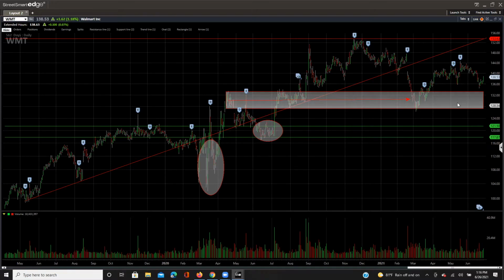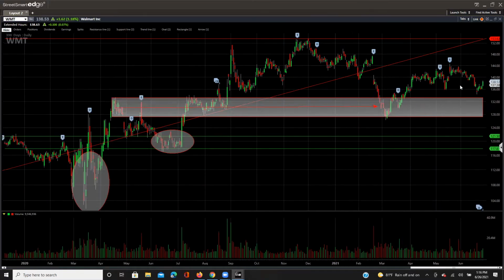Now, if you missed these areas for a trade and you are looking to trade Walmart in the future, remember, we are looking at a daily time frame and we will work our way lower. We're going to go to lower time frames as we look at this chart because if we're looking to trade, we want to trade a smaller time frame if we're not investing.